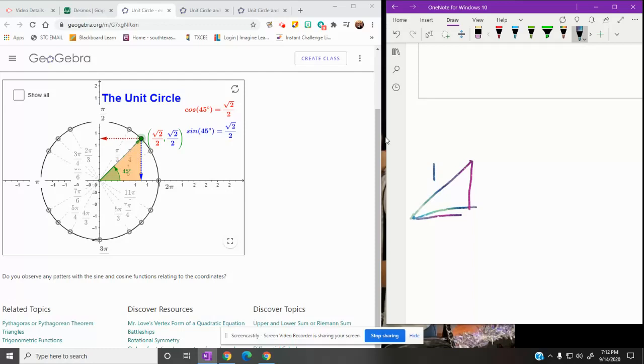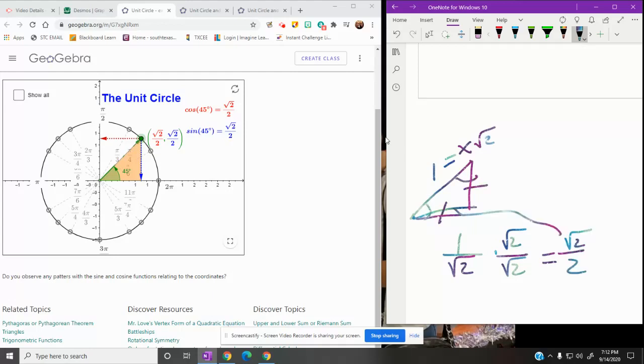But remember, we don't like to see the square root of 2 on the bottom. So we multiply the top and the bottom by square root of 2, and we get square root of 2 over 2. Right? And because they're the same angle here and here, that means they have the same side lengths here and here. So if this is square root of 2 over 2, then this is also square root of 2 over 2. So the coordinates would be square root of 2 over 2, square root of 2 over 2.